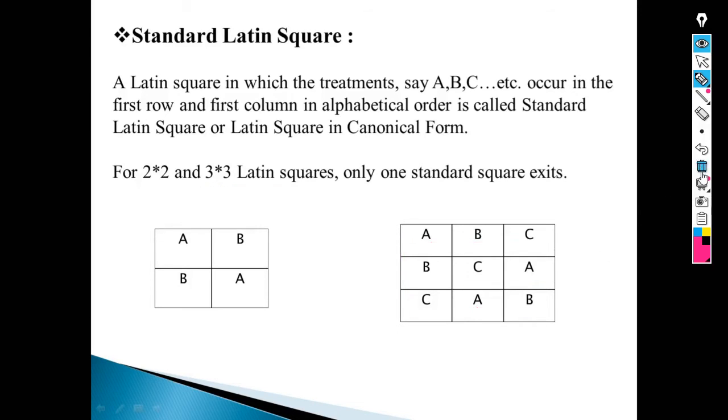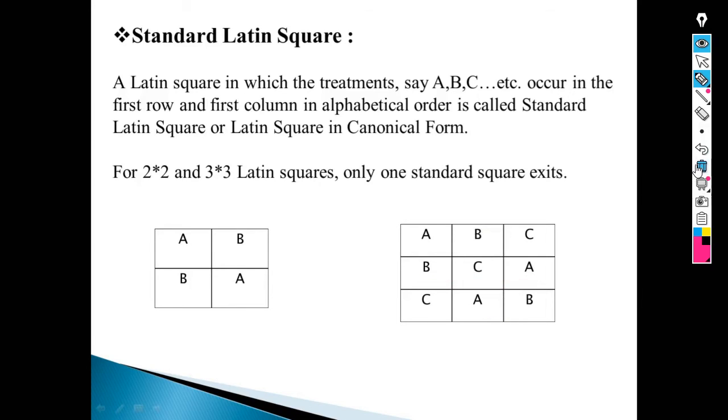So if we observe, in this row and this column we have A, B, C, and in this row we have A, B, C. So each treatment occurs only once in this row and in this column. Similarly, if we consider our second row and second column, we observe that in the second row we have B, C, A, and in the second column we have B, C, A. So each treatment occurs only once in this design.